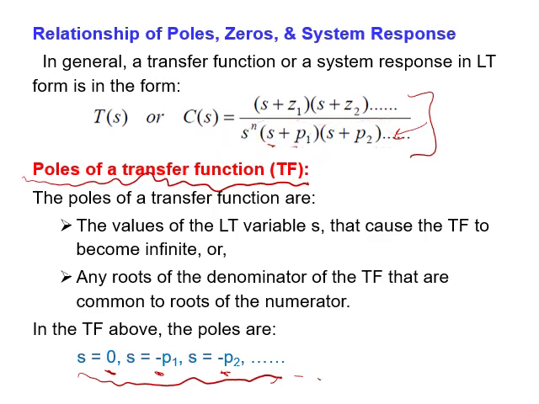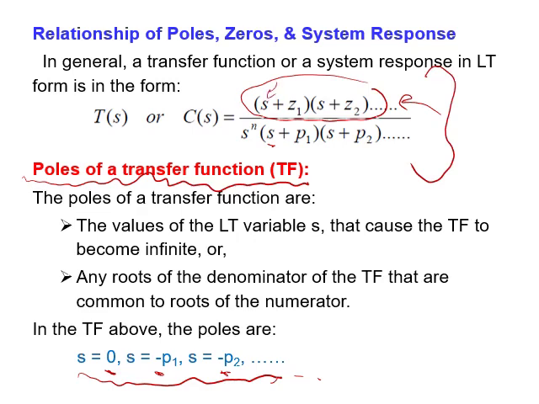Similarly, for the zeros, which are explained in the next slide, zeros are the values in the transfer function which will make the response 0. What does that mean? Let us look at the numerator now. Any value that makes the numerator equal to 0 will make the whole function equal to 0. What are these values?